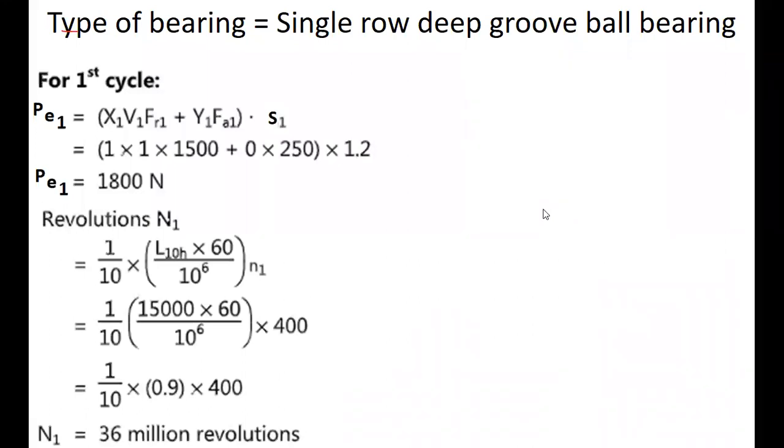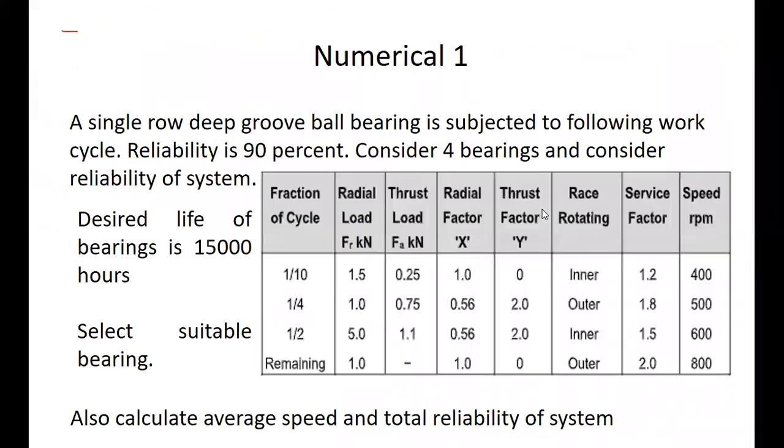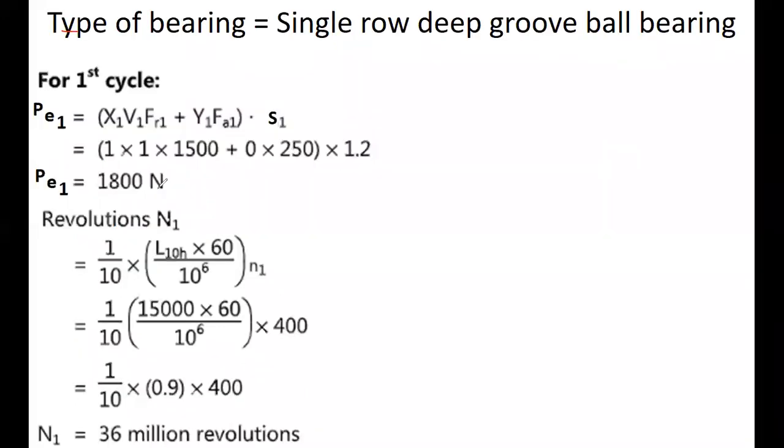Now, I'll again take you back, the fraction of cycle is 1/10. The fraction of cycle is 1/10 for the first element. So I have multiplied here 1/10 into the life in hours into 60 into N1 divided by 10 raised to 6. The same formula that we were using.